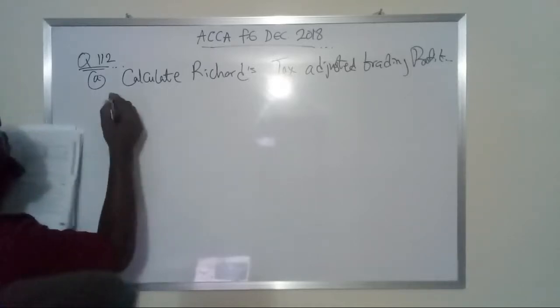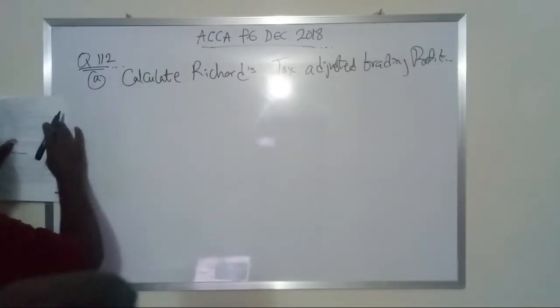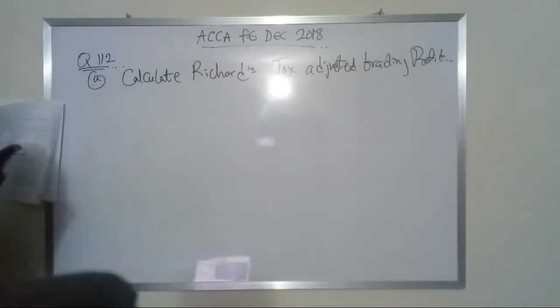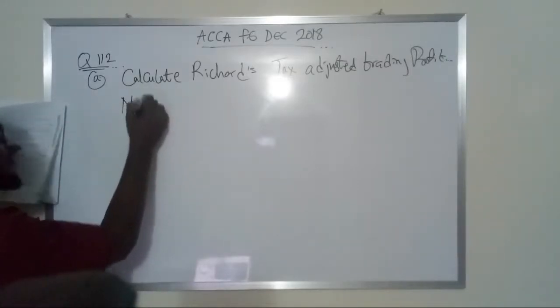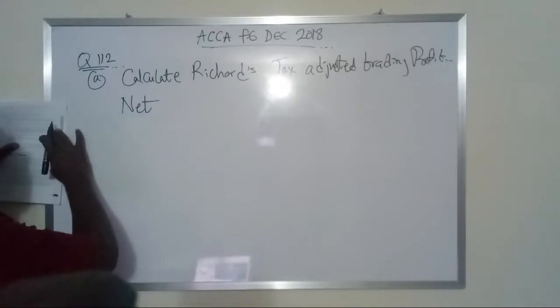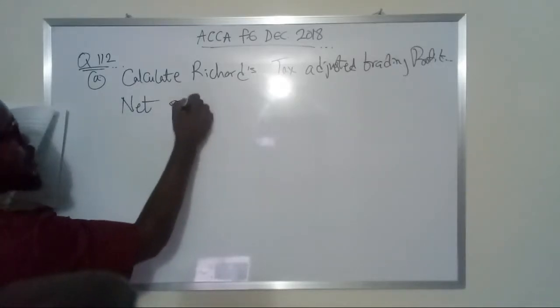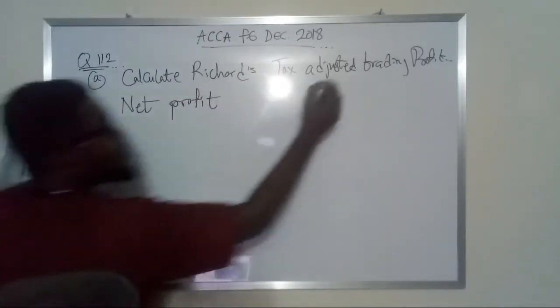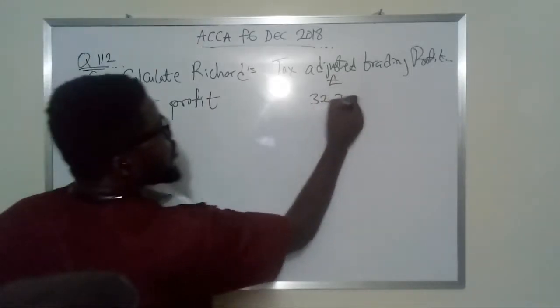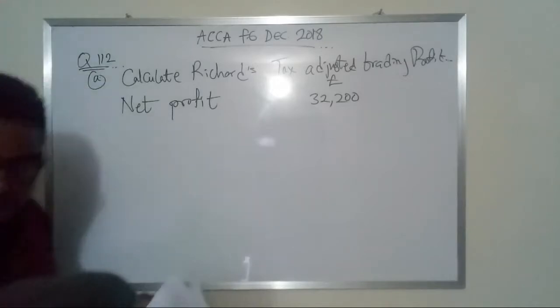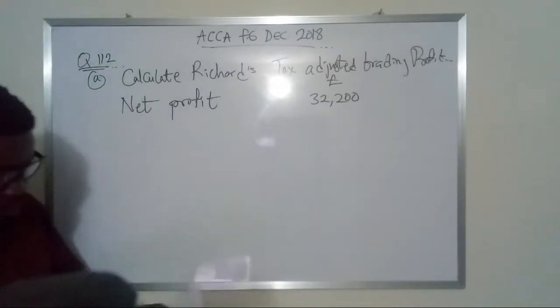So your computation should start with net profit figure. Normally, when you have this kind of question, they've already solved it for you. Net profit figure, just put net profit figure, 32,200. That's the starting of the question.